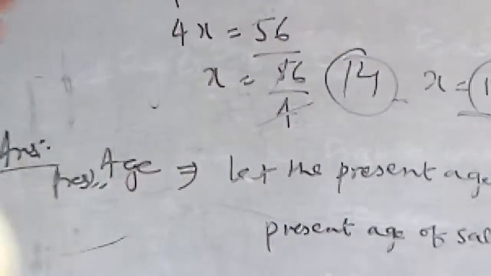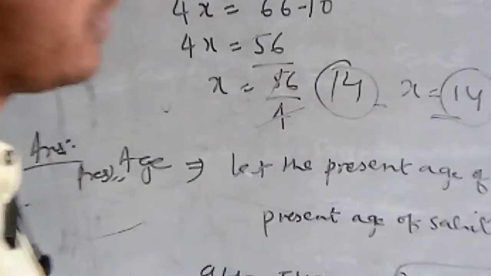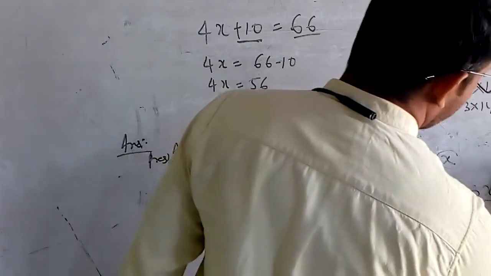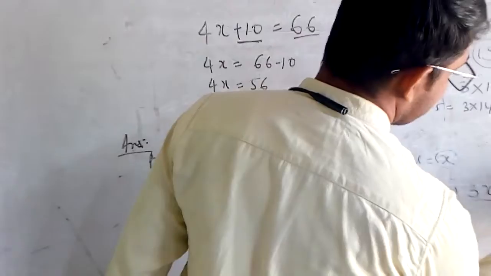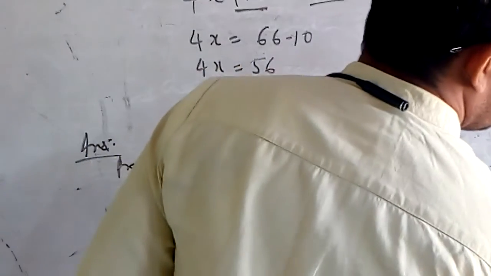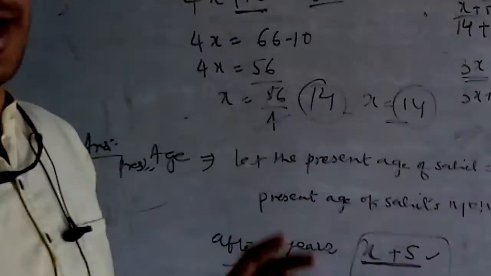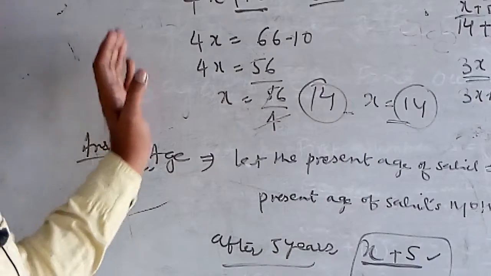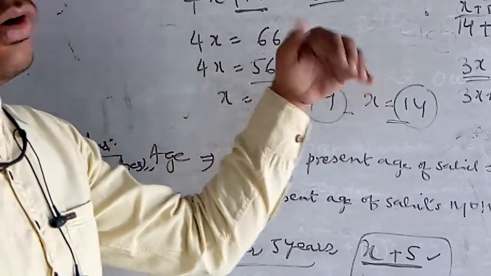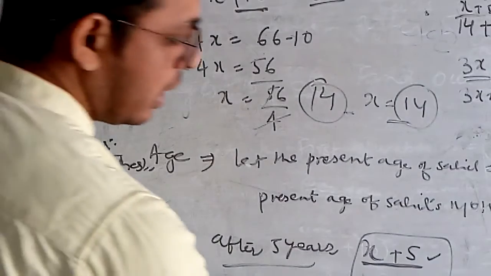So what is it saying? That the sum of their ages is 66. So 19 plus 47, 66. So the equation is right, because we are able to balance the right hand side with the left hand side.